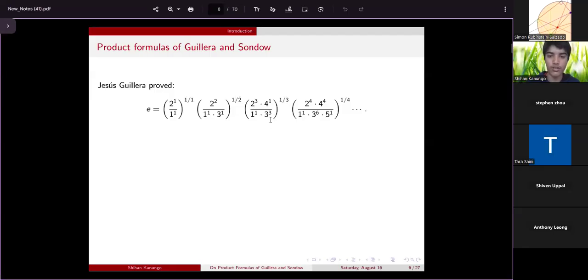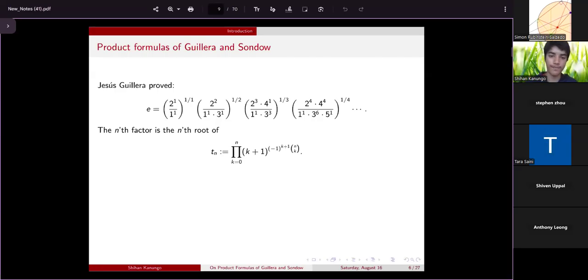In each term, the bases of the factors go 1, 2, 3, 4, 5, and they alternate, and the exponents are binomial coefficients. Explicitly, the nth factor in this product is the nth root of this number that I'll call Tn, which is the product from k equals 0 to n of (k plus 1) to the power of (-1)^(k+1) times n choose k.